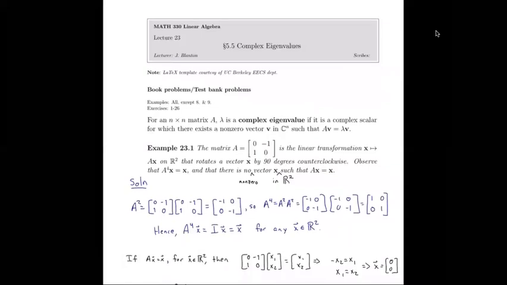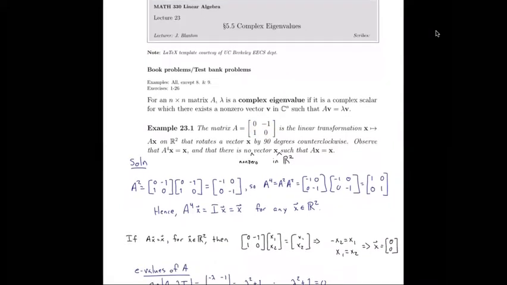So we're given a matrix A equals 0, -1, 1, 0. And let's observe some things about this matrix. This is actually a linear transformation from x to A of x in R2 that rotates a vector x by 90 degrees counterclockwise.